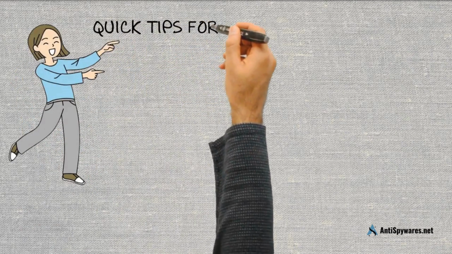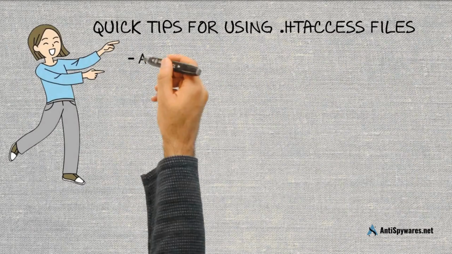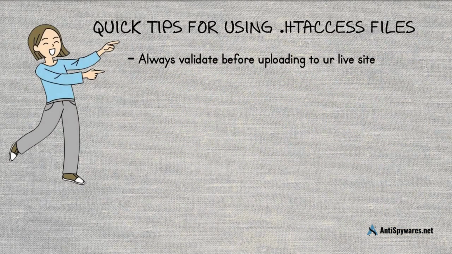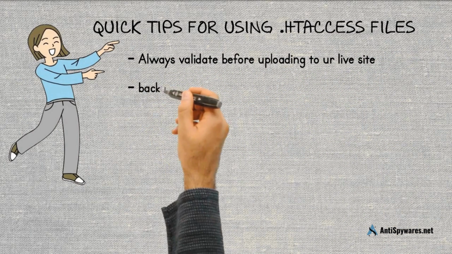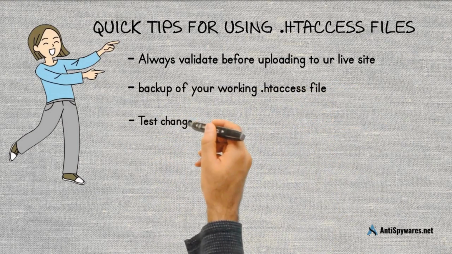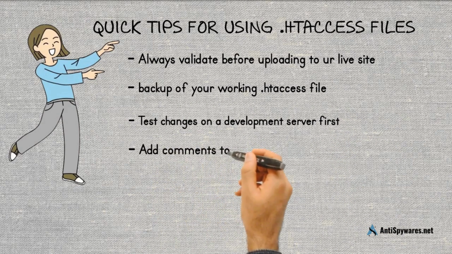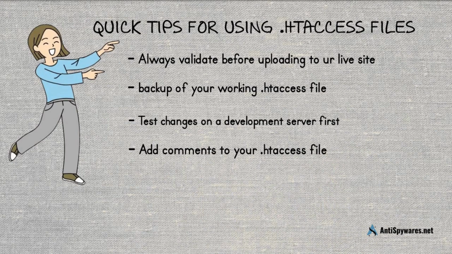Here are some quick tips for using the htaccess file. First of all, always validate before uploading it to your live site. Keep a backup of your working htaccess file before making changes. Test changes on a development server first if possible. Secondly, add comments to your htaccess file so you remember what each rule does.